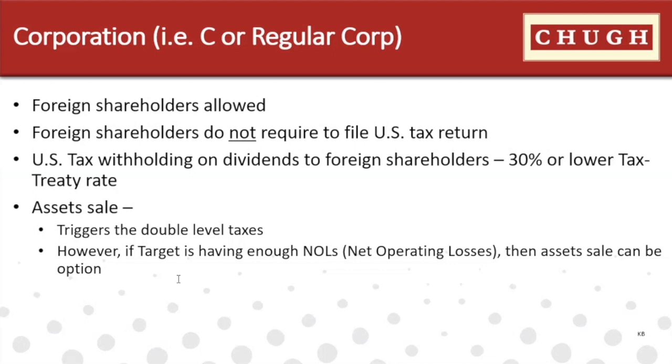What I mean is, when a C Corp sells assets, whatever gain we have on the sale, the company pays the tax, and whatever is left after paying tax, if the company decides to issue as a dividend to shareholders, then there is a second level of tax. But many times, if the company has net operating losses carried over, you can consider selling the assets, because the gain on the sale of assets can be offset with the losses carried forward from prior years.